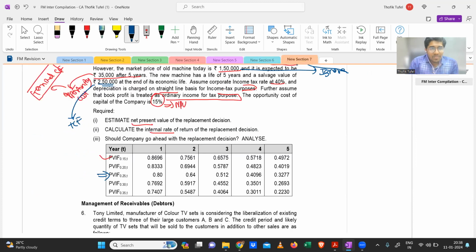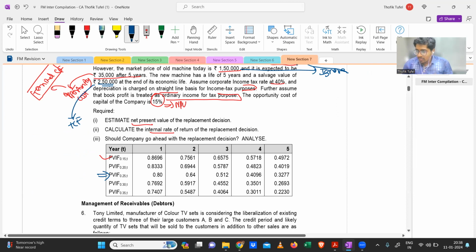Let me take 25% for 1 to 5 years. So 0.8 plus 0.64 plus 0.512 plus 0.4096 plus 0.3277. What is the amount that I'm getting? Oops, I made one mistake. 0.8 plus 0.64 plus 0.512 plus 0.4096 plus 0.3277.